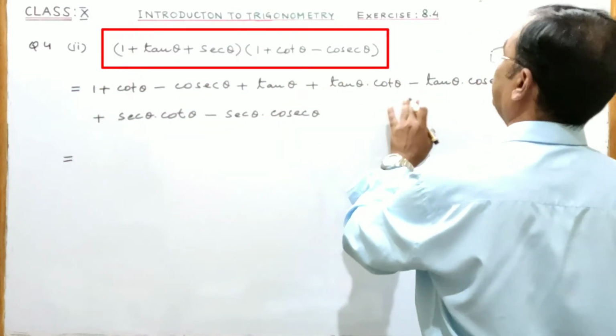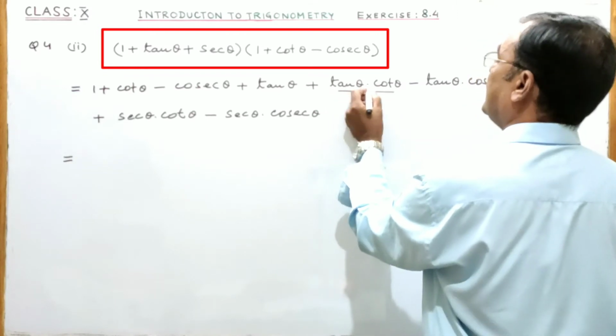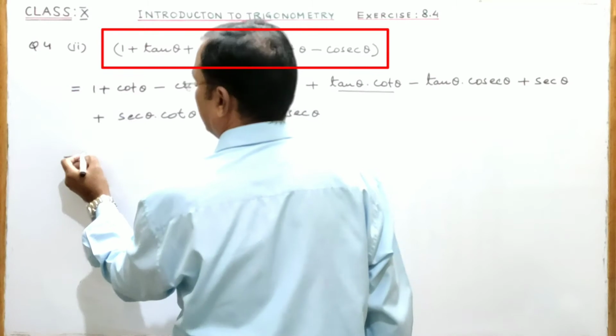1 plus, first let us simplify this, tan theta into cot theta is 1. 1 plus this 1 we can write 2.